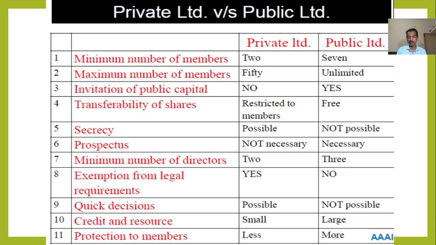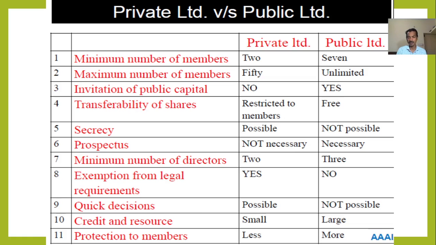Exemption from legal requirements. Yes, there are some exemptions from legal requirements in private companies and no exemption from legal requirements in case of public limited companies. And quick decision. In case of private, it is possible, but in case of public, it is not possible. Credit and resources.